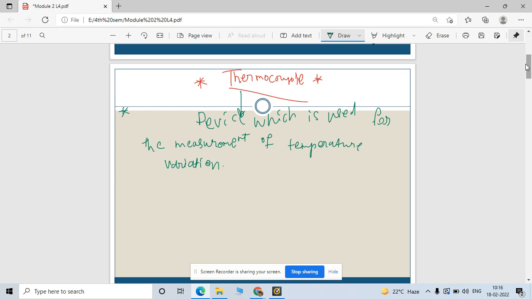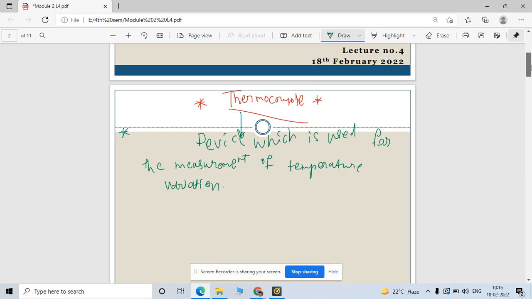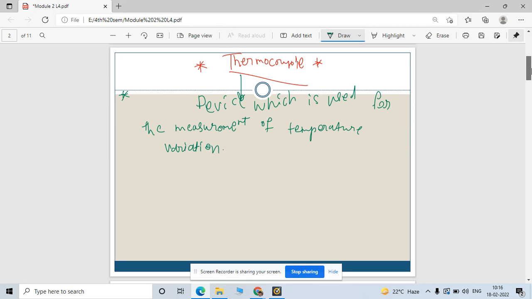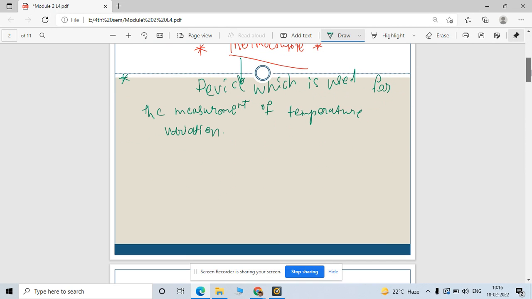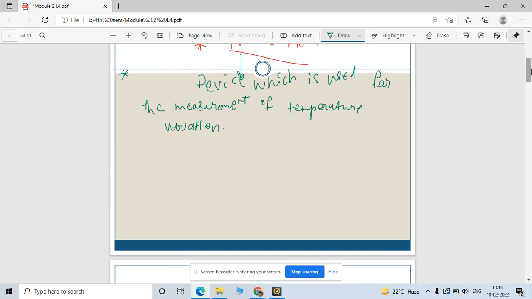Now, as I explained in previous classes, if any transducer or circuitry does not require any external source for its working, then that type of device is put under active transducers.